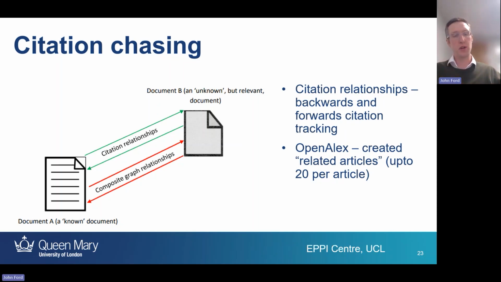So what we also do is supplement our priority screening with these network graph searches, that's citation tracking and related articles. Using those two methods, priority screening plus network graph searches, gives us this list of studies which should hopefully cover most of the relevant studies.